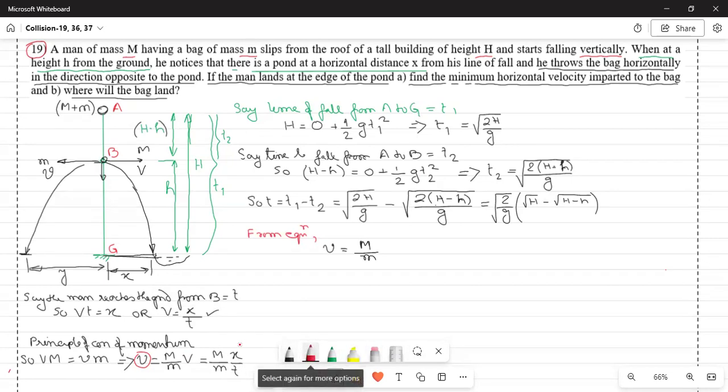This is equation 1. So this is capital M by small m into x by t.